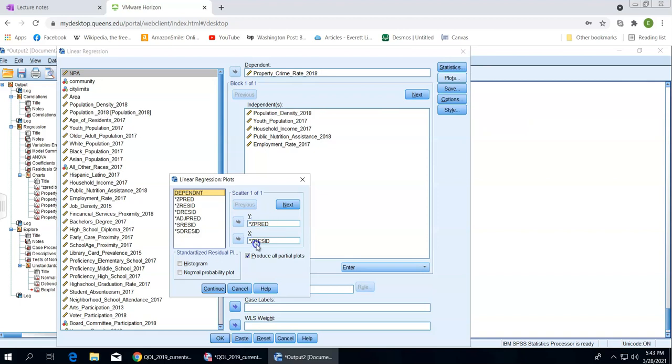And Z means it's standardized. This part isn't super important for you to know, but this just means that they're subtracting the mean of all of the residuals and dividing by the standard deviation so that they're independent of the context of the data, independent of the units of the data. That part doesn't matter. Just know that you're doing the residuals versus the predicted.